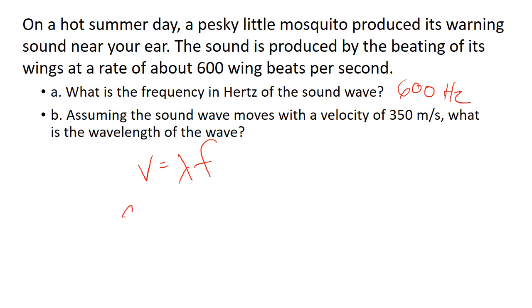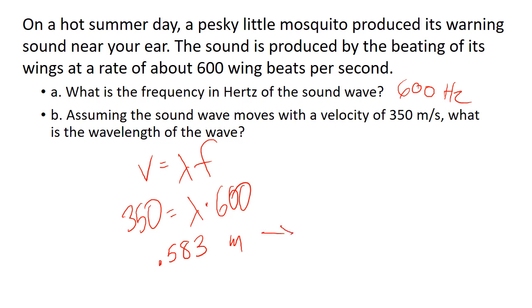V is going to be 350, and that's going to equal lambda times 600. So I take my 350 divided by 600, and I get 0.583 meters. Just to give you a point of view, that's about 58 centimeters. You don't have to convert the units if you don't want to. It is hunky-dory, but we want to give you a point of view.